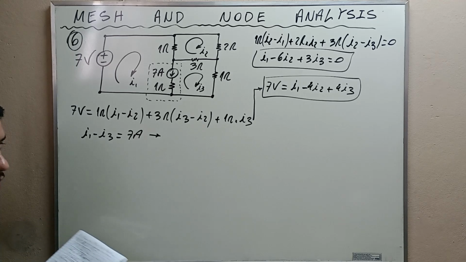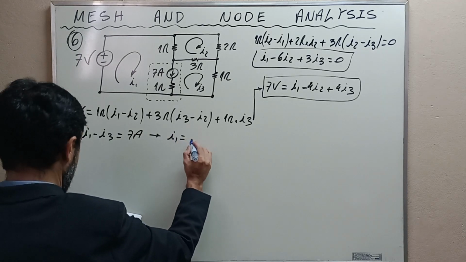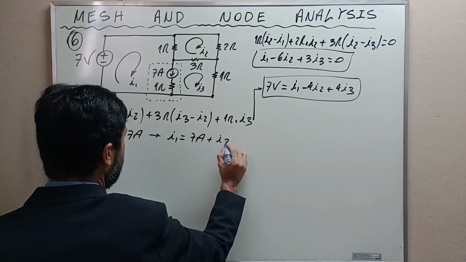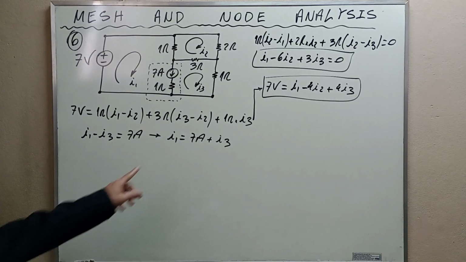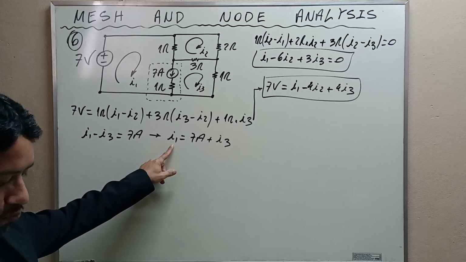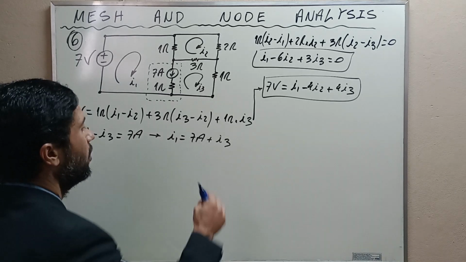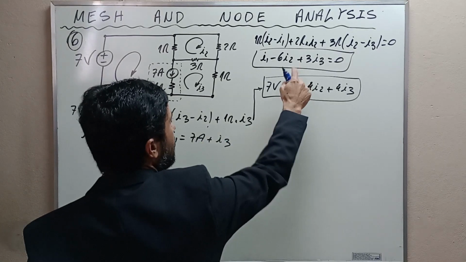And in this way, we understand that I1 is equal to 7 amps plus I3, okay? And we are going to apply this here in the first two equations. Here and here, okay?